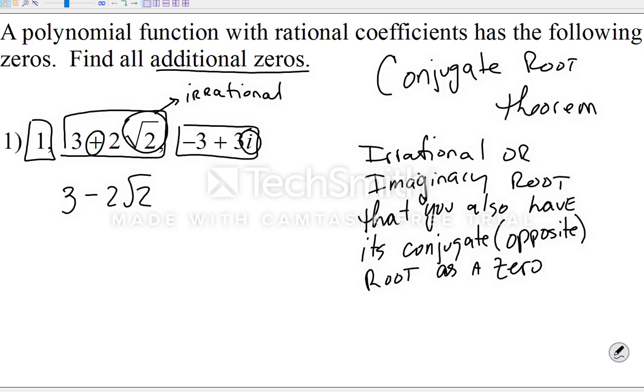This i makes this root imaginary. Okay, therefore, I can flip this one to be negative 3 minus 3i. So this problem turned from a 3 root polynomial to a 5 root polynomial because the conjugate root theorem states that I also have the conjugates as zeros.